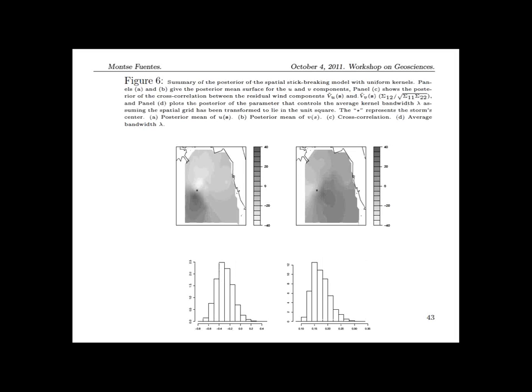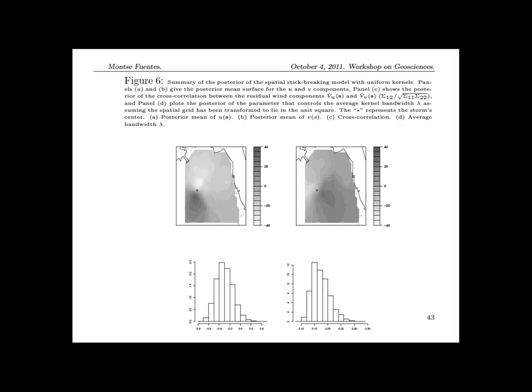So this is our predicted U. This is the predicted V value. This is for Hurricane Ivan. And what you see here is the correlation that we get between the U and V components. This is the actual distribution for that cross dependence, and it seems to be negative.